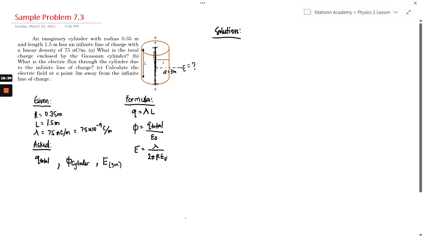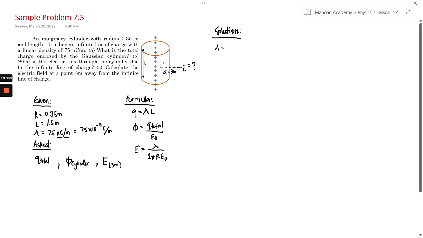And we already know the linear charge density. Linear charge density basically tells us how much charge is available per meter. So in order to find how much Q is available within this limited length of your Gaussian surface, you just have to use this equation.